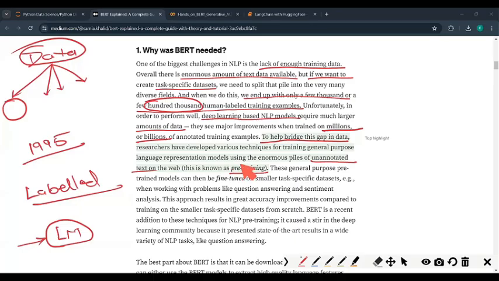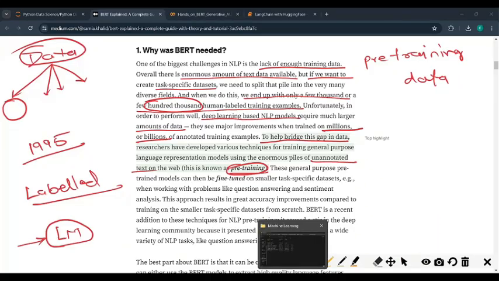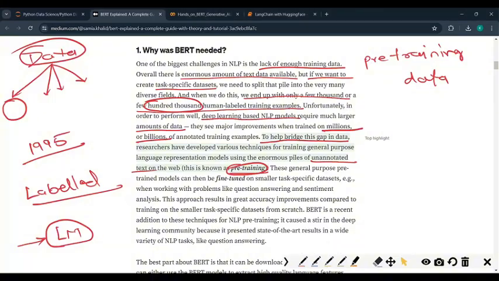This particular thing is called pre-training. Pre-training is a process where we take data and give that data to a language model. Language model means any of these language models, like Transformer or BERT.